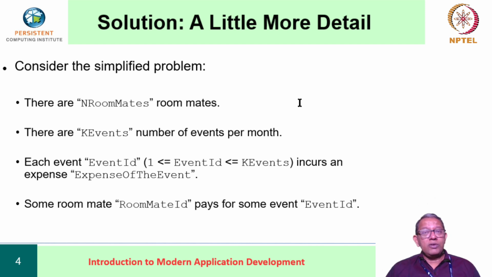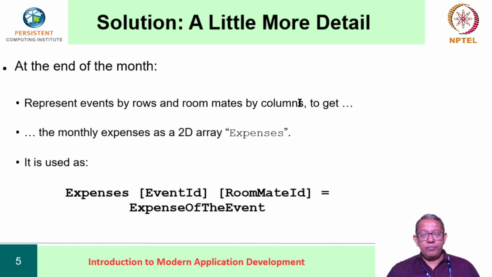Each event will be denoted by an event ID. Some roommate will be denoted by a roommate ID. At the end of the month, we will represent an event by rows and each roommate by a column.